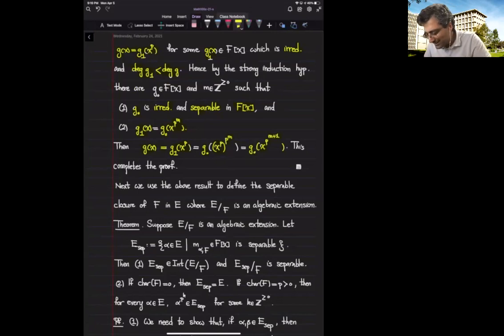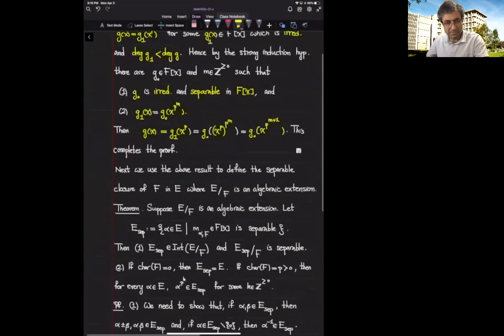So we end up finding this irreducible separable polynomial in F bracket x and write down g as this polynomial g naught at x raised to some power of p, and that completes the proof. That gives us a strong induction step.